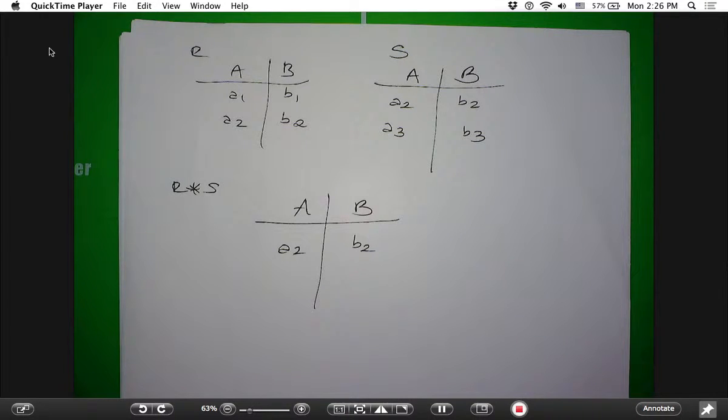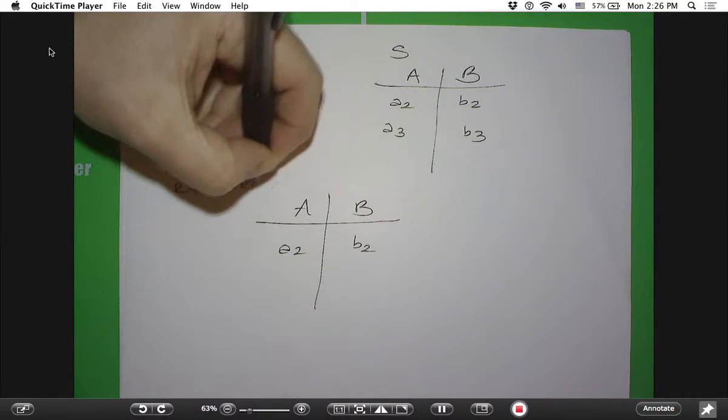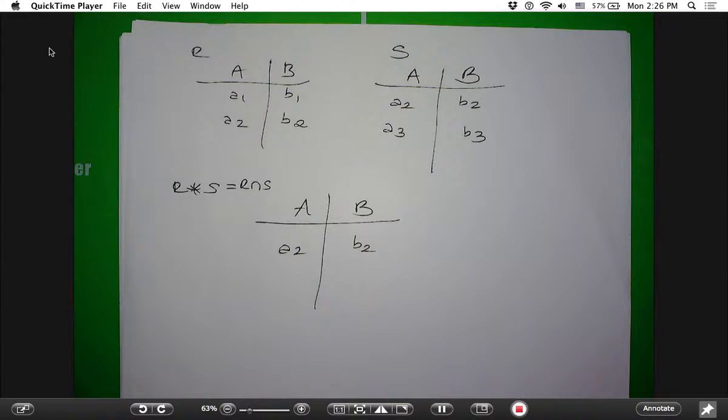So in this case, when they have exactly the same schema, natural join is equal to intersection, right? So in this case, this is the same result as intersection. So join is somewhere in between intersection and Cartesian product, depending on what your condition is.